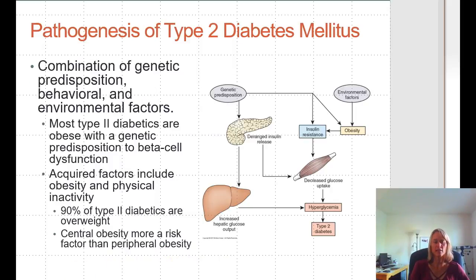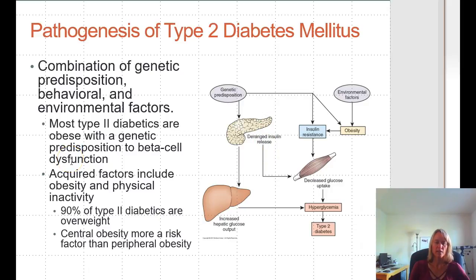Okay, so what causes it? We think that type 2 diabetes is a combination of genetic predisposition, behavioral, and environmental factors. So most type 2 diabetics are obese, or at least overweight, with a genetic predisposition to beta cell dysfunction, leading to deranged insulin release.